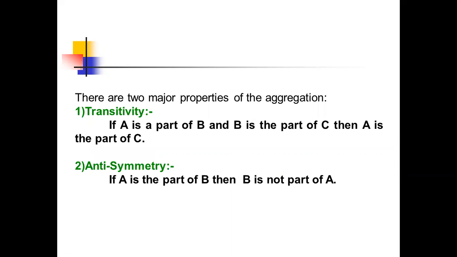As I said, there are two major properties of aggregation, transitivity and antisymmetry. What is transitivity of aggregation?